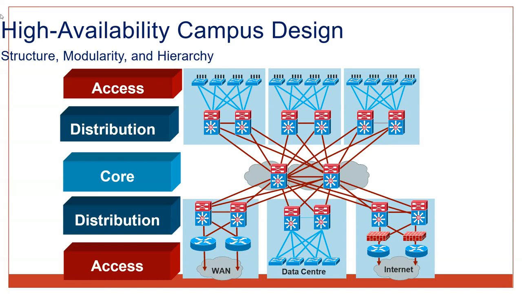Likewise, suppose all of a sudden you have a demand to add some more ports. What you can do is add one more switch here, and then that particular switch will connect like this.